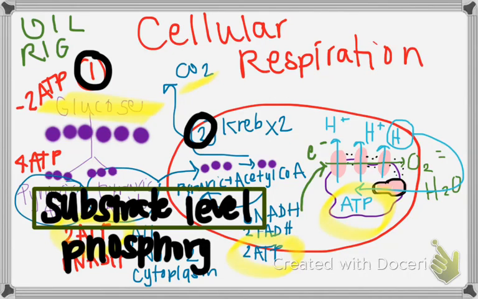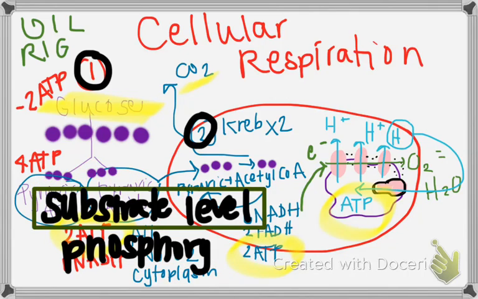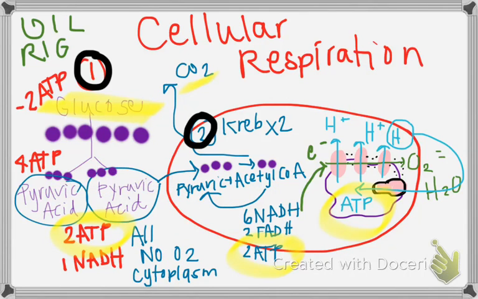Okay, let me explain why. Because step 1 and step 2 are both breaking a substrate to make ATP. So you're breaking a substrate, phosphorylating, to make ATP. So step 1 and step 2 are substrate level phosphorylation. Okay, so let's take that off my pretty picture. Okay, the third step is making ATP because NADH was oxidized.